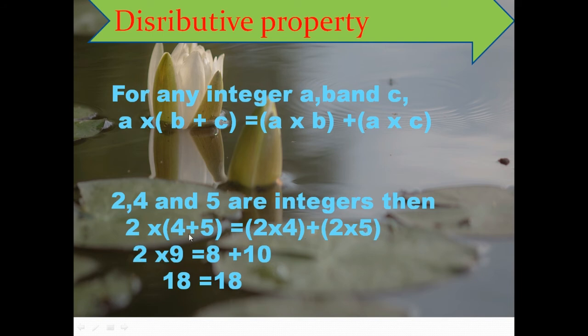Left side: 2 into (4 plus 5), 4 plus 5 is 9, 2 9s are 18. Right side: 2 4s are 8 plus 2 5s are 10. So 8 plus 10 is 18. Both sides we got the same answer. The distributive property is a into (b plus c) is equal to a into b plus a into c.